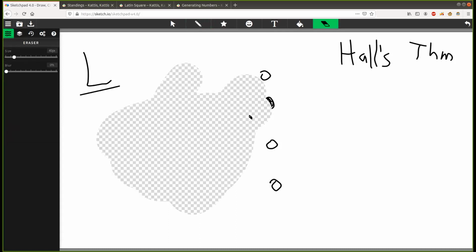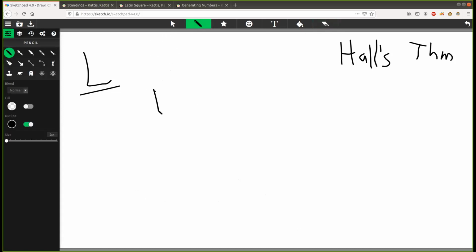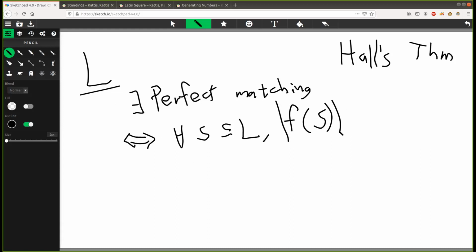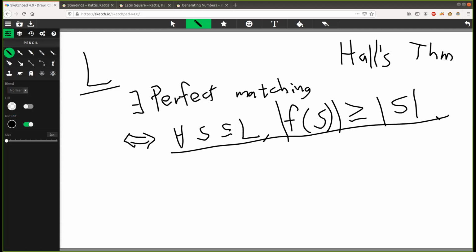It turns out that the condition is not only necessary, it's also sufficient. So a perfect matching exists if and only if for all subsets S of the left side, the set of reachable nodes, which I'll denote by f of S, the set of reachable nodes from the ones in S, has at least as many nodes as there are in the set S. So this is the condition.